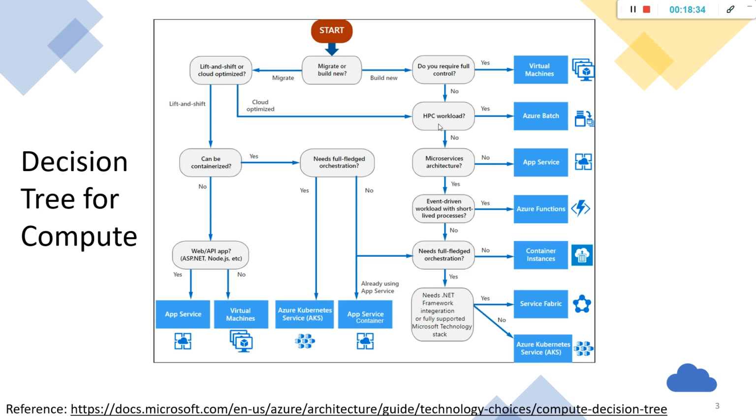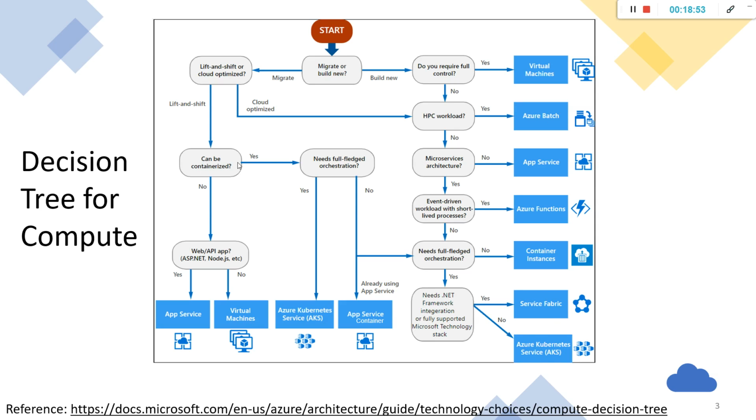If it is a high performance workload, then we can choose Azure Batch, and if it is event driven, Azure Functions. If it is a monolithic application, we can choose App Services. If it is containers, we can use Container Instance. If it is orchestration, we can use one of these two.